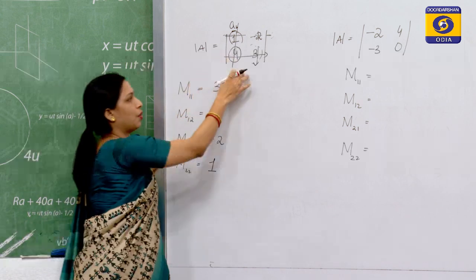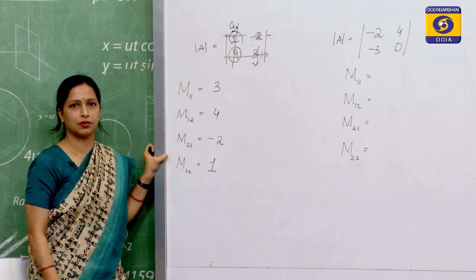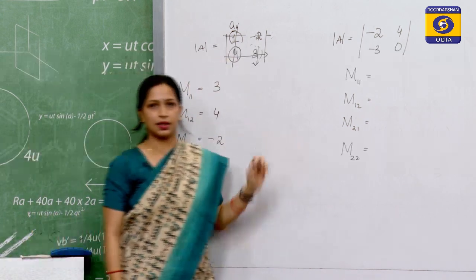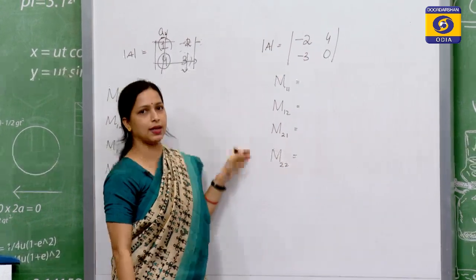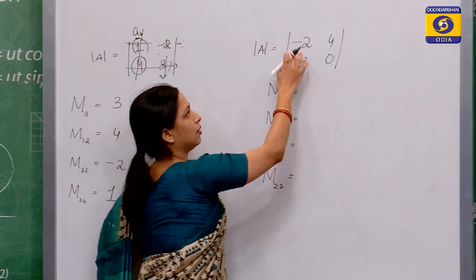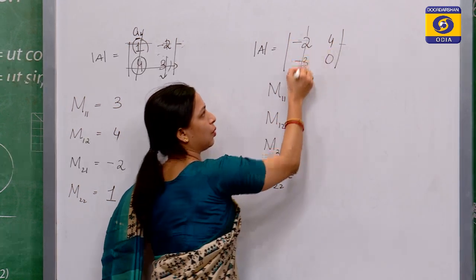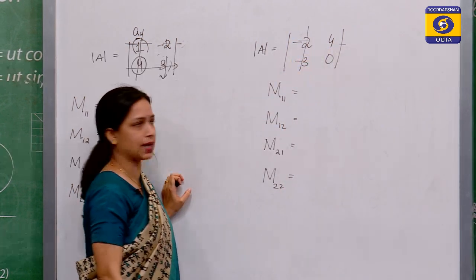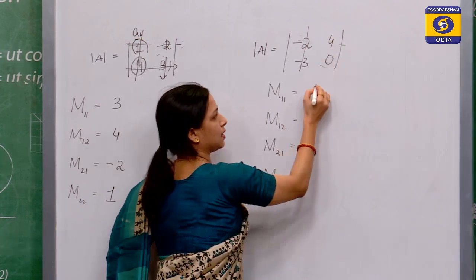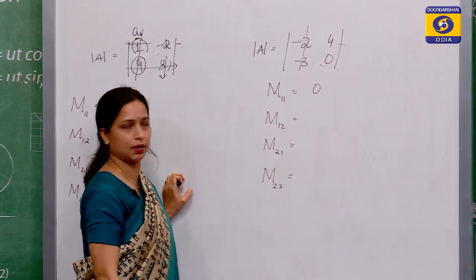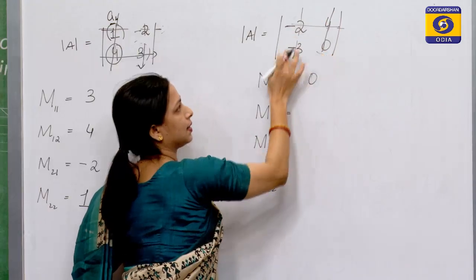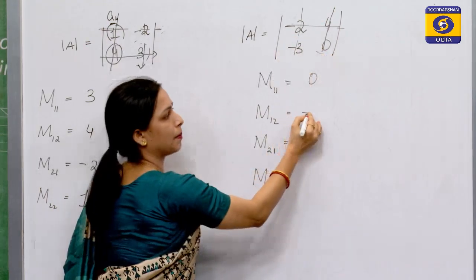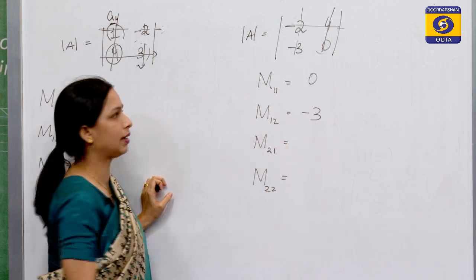So, there are 4 elements, there are 4 minors, right. Similarly, let us do another problem. Let us say this is another determinant, I have to find out the minors. M11: I delete the row and the column in which A11 exists, and the resulting element is the minor. Similarly, for 4, I delete this and the resultant is -3, right.